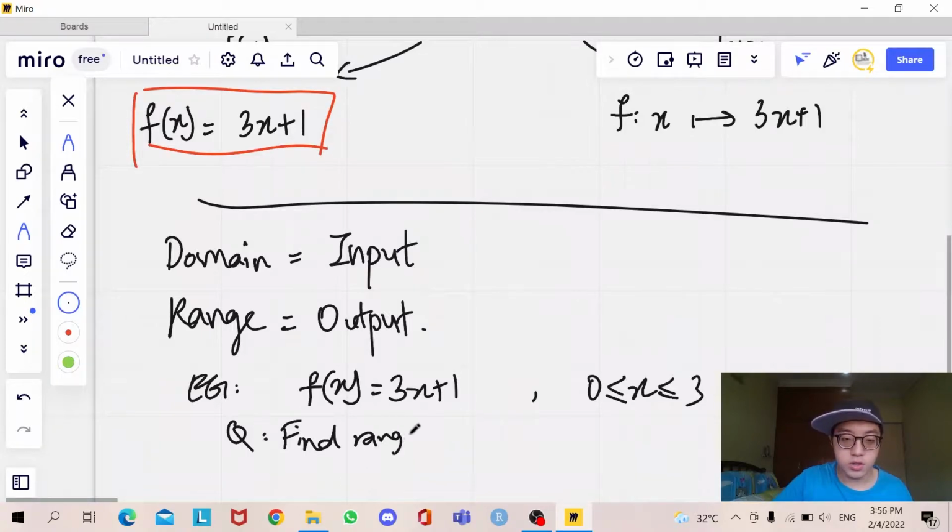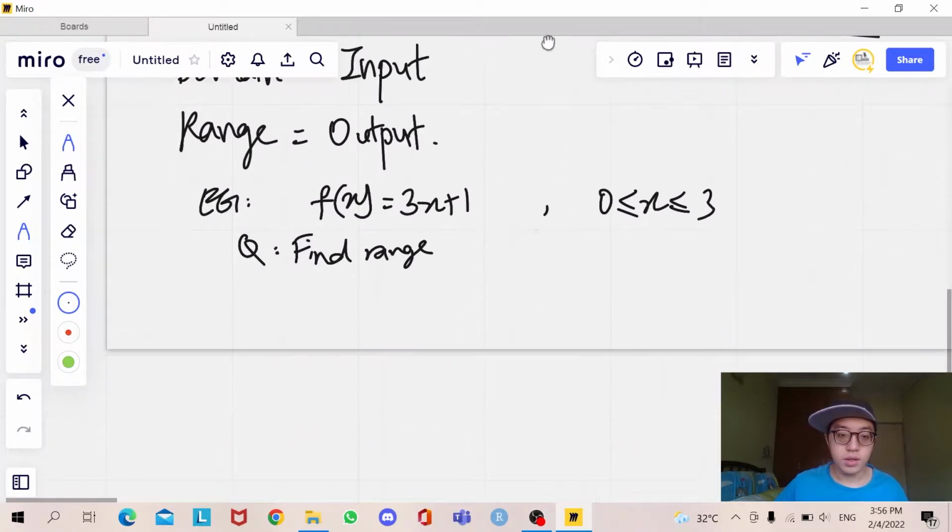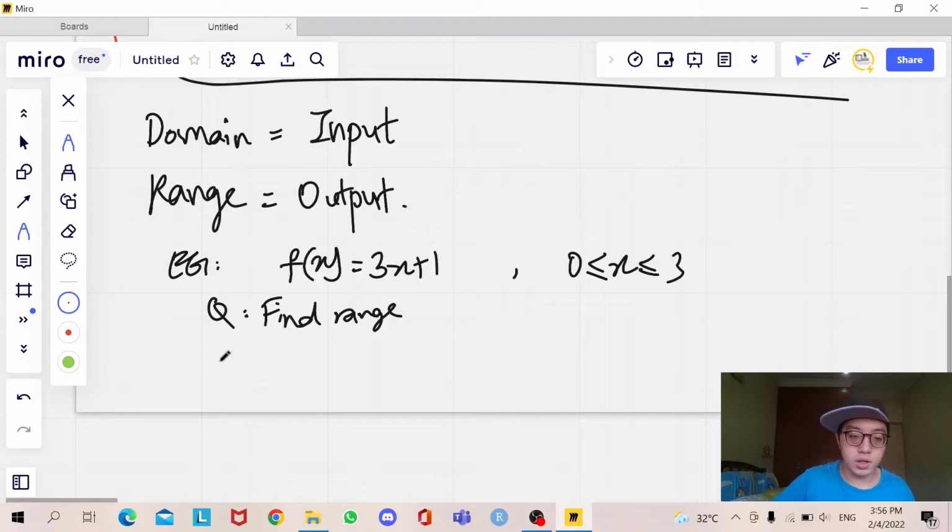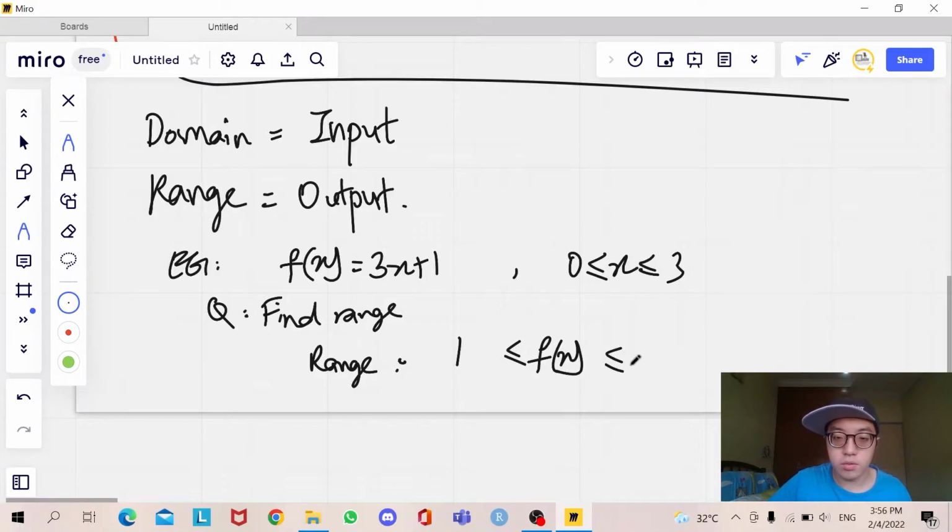If you have to find the range of f(x), the range is 1 ≤ f(x) ≤ 10. So when the question gives you a domain, your range must be according to the domain.